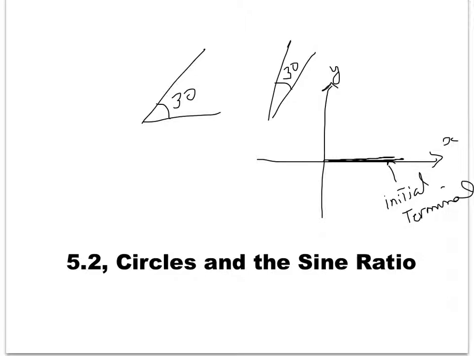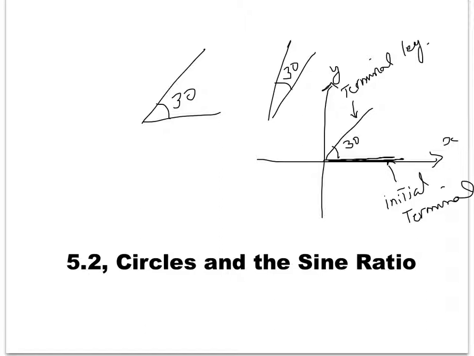Now, the other leg, which is going to represent the angle, for instance, for 30 degrees, is going to be called the terminal leg. And this angle is the 30 degrees.